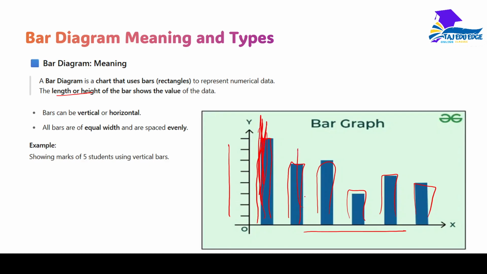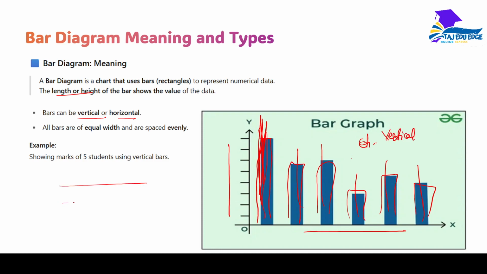The longer the bar, the higher the value. A bar can be vertical or horizontal. This chart which is visible now is a vertical one. It can be a horizontal one also.